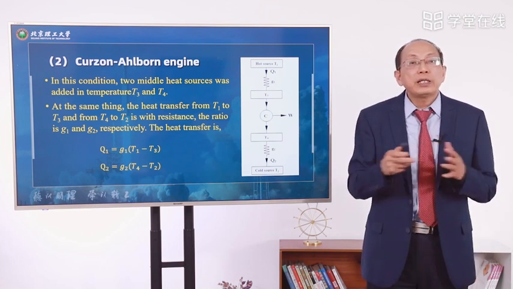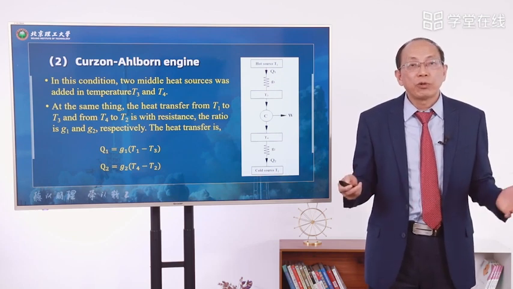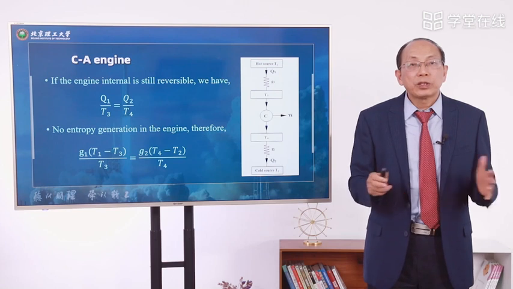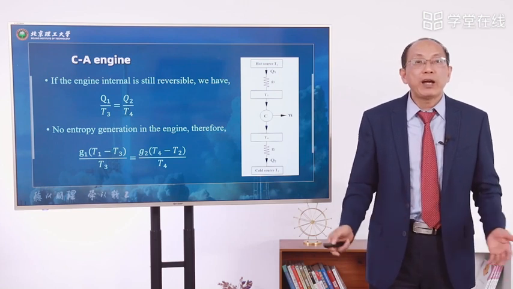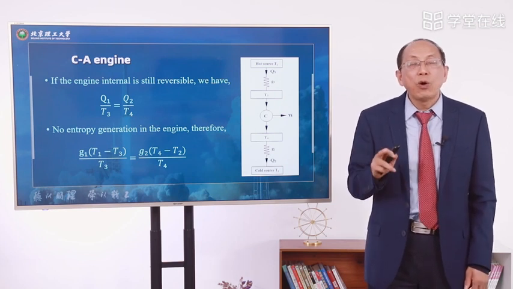From the heat transfer, it is very easy to calculate the heat transfer quantities. Q1 is G1 times (T1 minus T3). Q2 equals G2 times (T4 minus T2). Because the engine internal is still reversible, we have Q1 over T3 equals Q2 over T4.